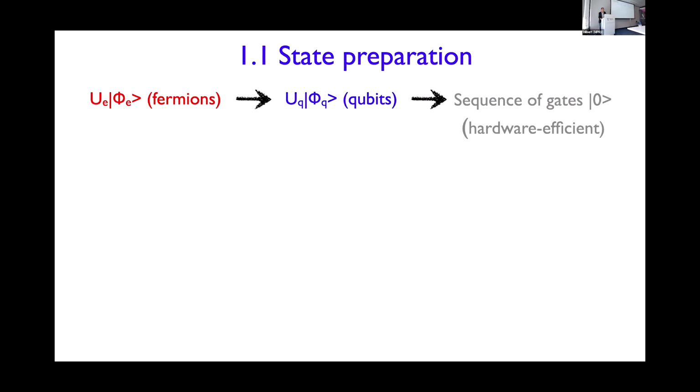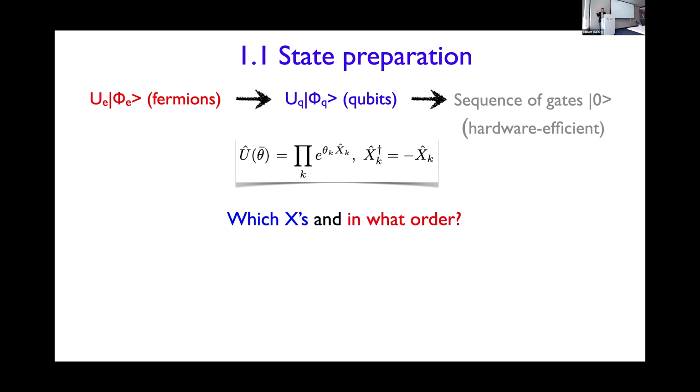So we're trying to avoid that and use our physical intuition in the development of these unitaries. For us, unitaries are really products of exponential functions of an anti-Hermitian operator with some amplitude theta. And the natural question here is what generators should we use and in what order?